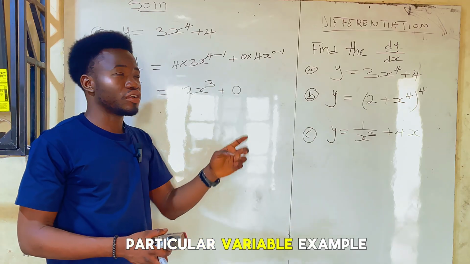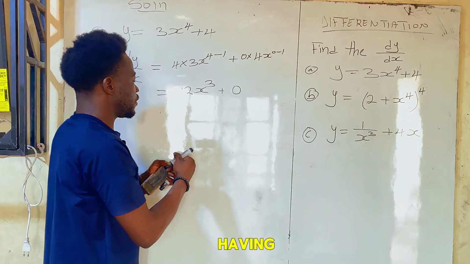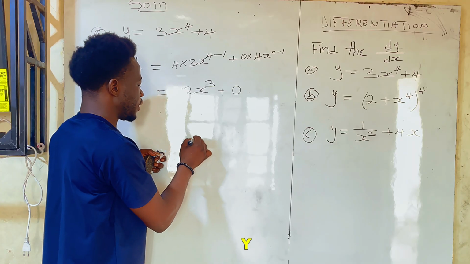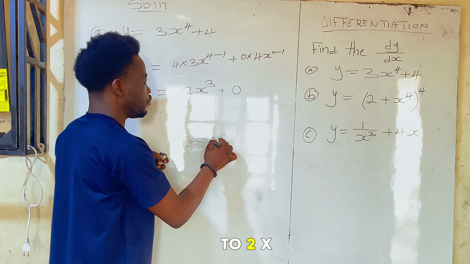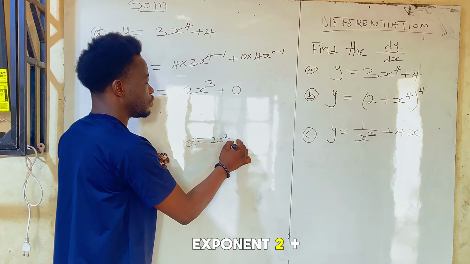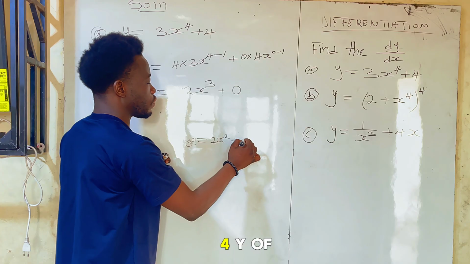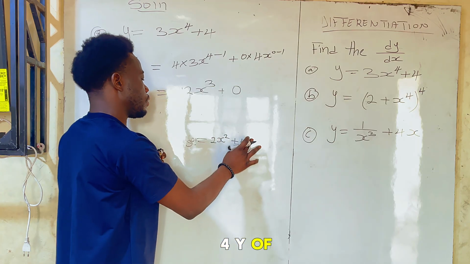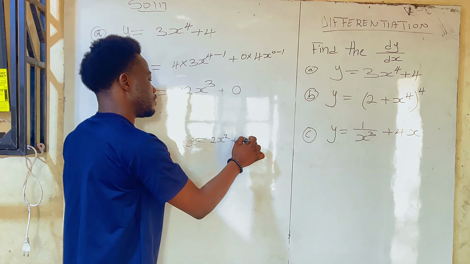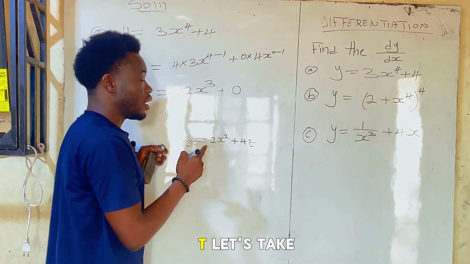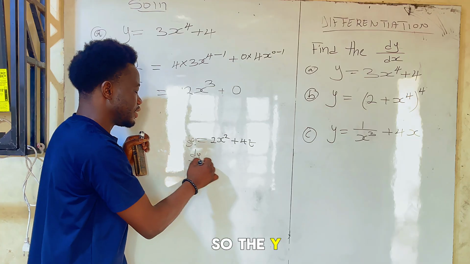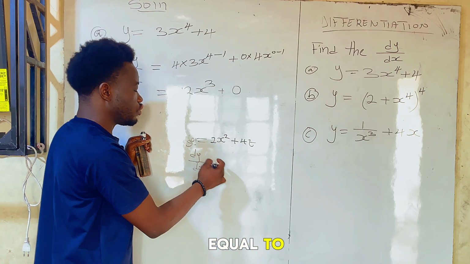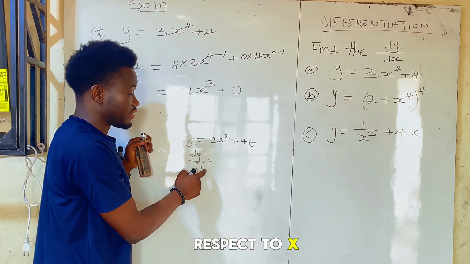Example, if I was having, let's say, y is equal to 2x exponent 2 plus 4t. Let's take it this way. So dy/dx is going to be equal to, I'm differentiating with respect to x.